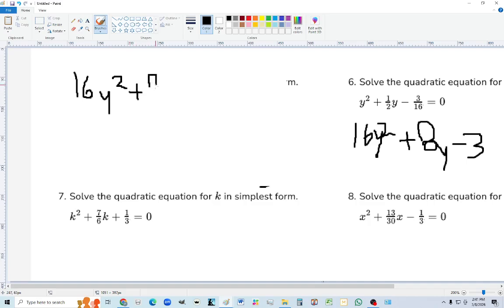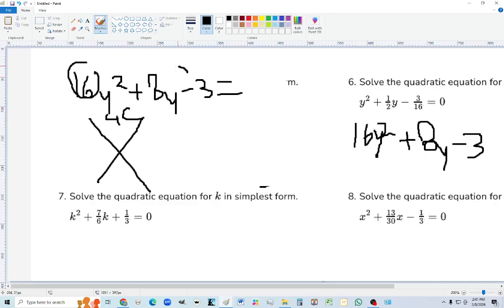Plus 8y minus 3. Our first step is to use factoring. And when we factor, we're looking for numbers that multiply out to a times c. A is 16, c is minus 3. 16 times minus 3 is minus 48. So we're looking for numbers that multiply out to minus 48 and add up to plus 8.